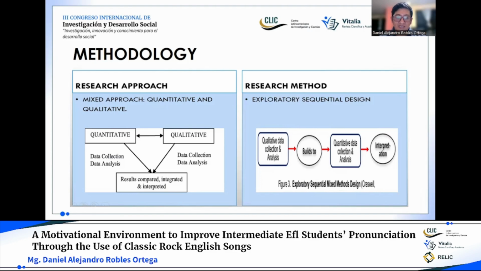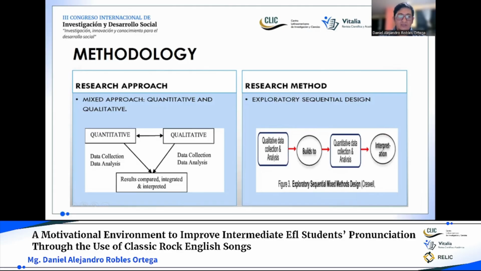Morse, in 2010, in Hernandez, Fernandez, and Batista, points out that this design method is used when the investigator needs to develop a standardized instrument because the existing tools are inadequate or it is not possible to have them. Under those conditions, it was convenient to use an exploratory sequential design of 3 stages.